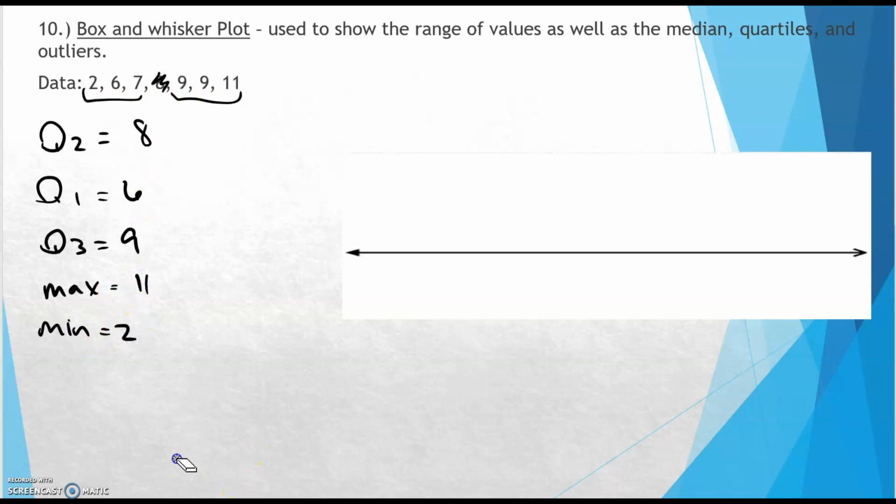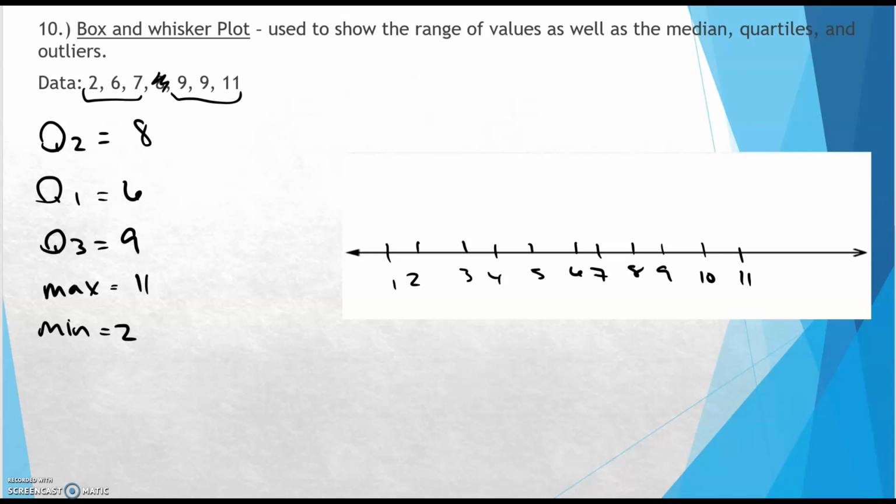Okay, so we'll come over here to our line graph, and we will go ahead and put our numbers. So 1, 2, 3, 4, 5, 6, 7, 8, 9, 10, and 11. Okay, so I'm going to put a box around my quartiles.